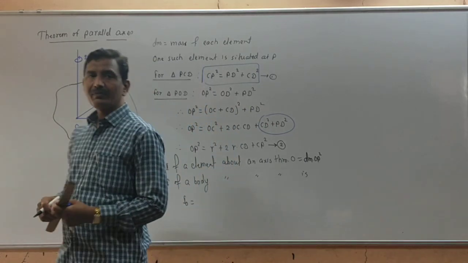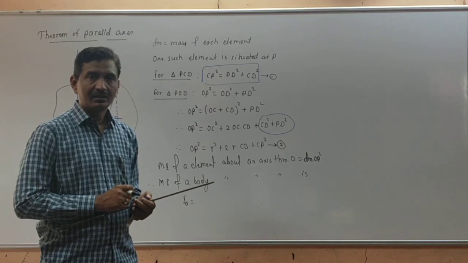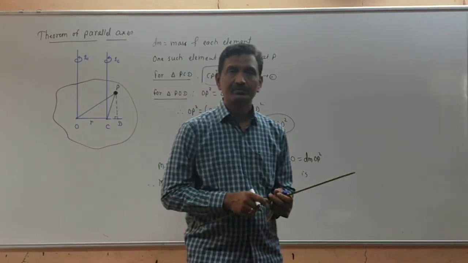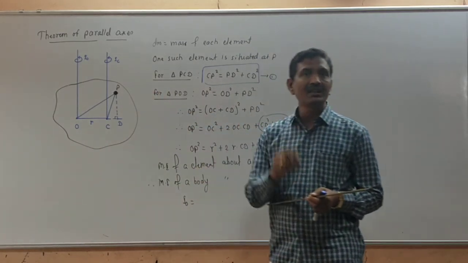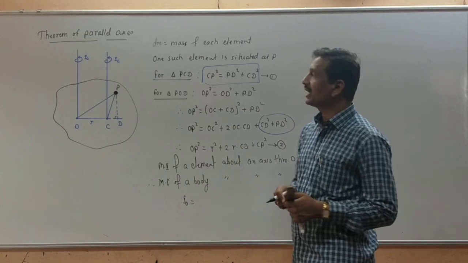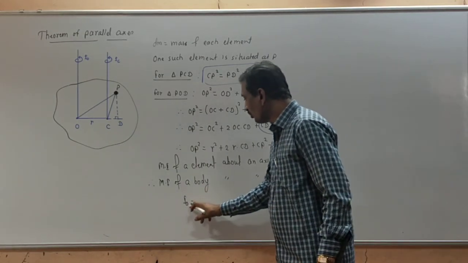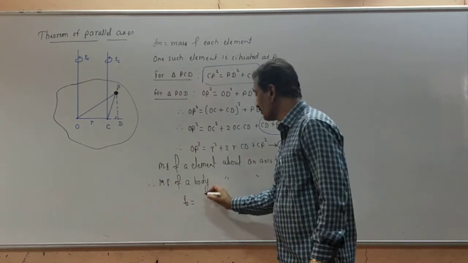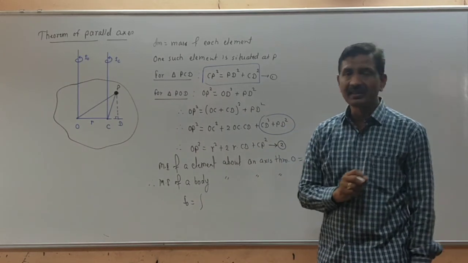Now you are familiar with the two process of addition in mathematics. Integration and the summation. Here your data is uniform, all the elements are identical, and so therefore for the addition we use the method of integration, and hence moment of inertia of that rigid body about an axis passing through O is obtained by the integration of moment of inertia of a single particle.